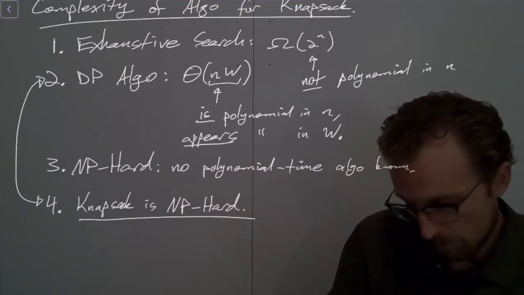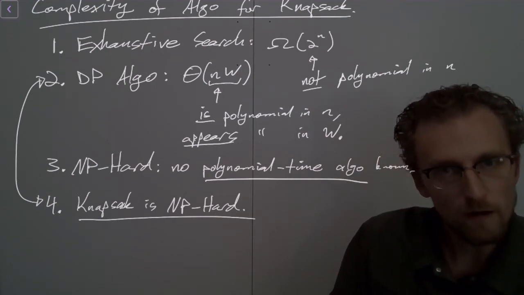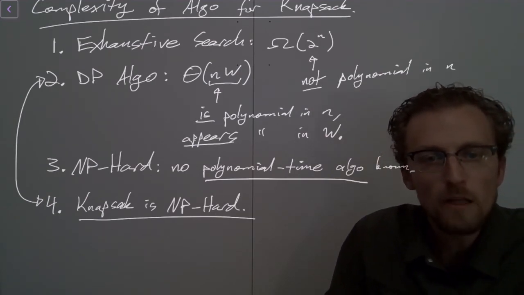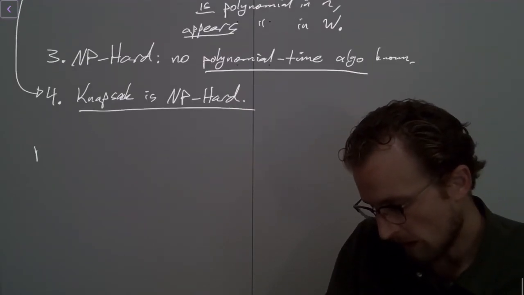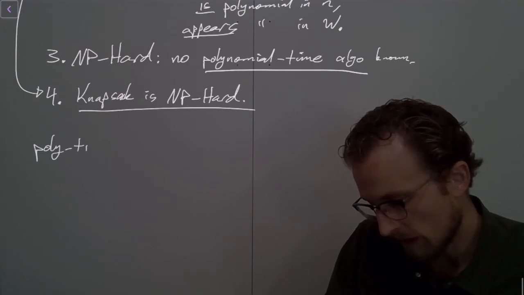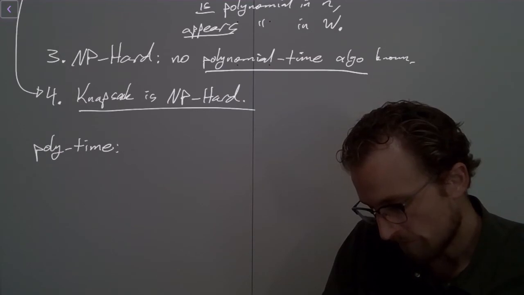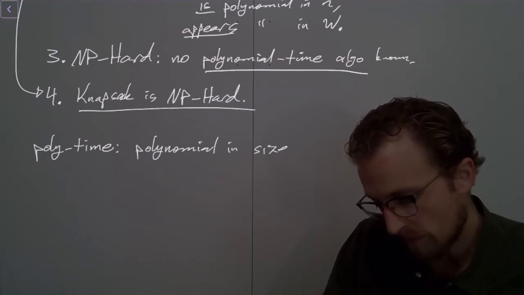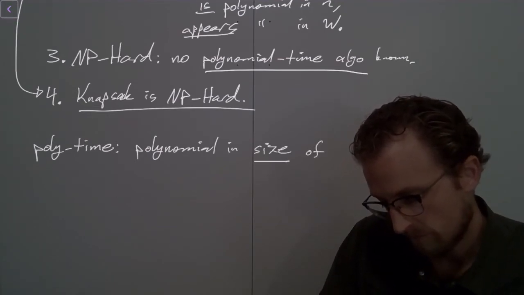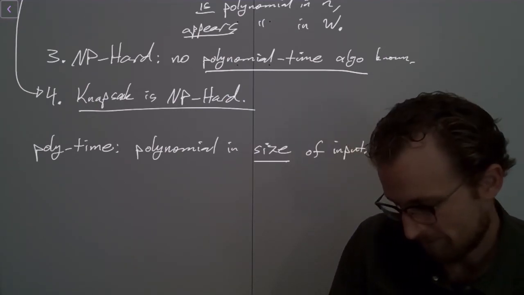When we talk about a polynomial time algorithm, what we mean very specifically is polynomial in the size of the input. So polynomial time, or polytime as an abbreviation, means polynomial in the size of the input. All right, what is the size of W?